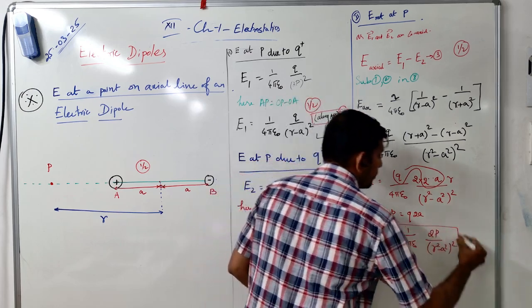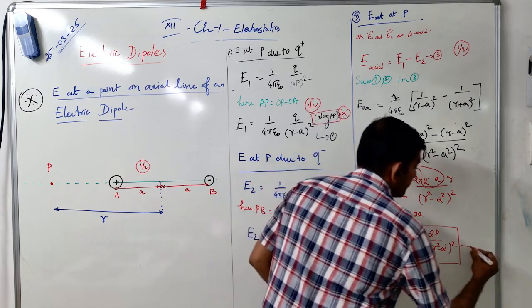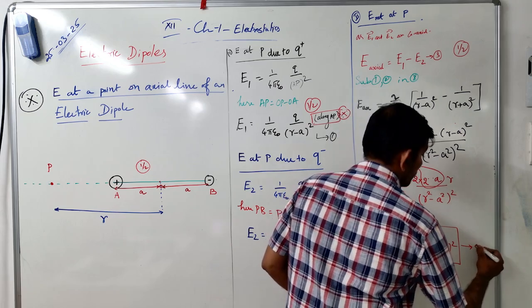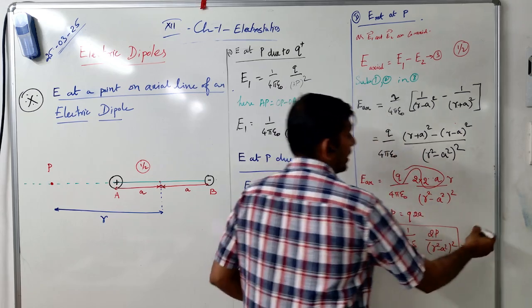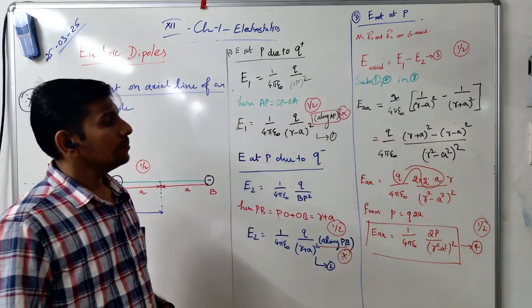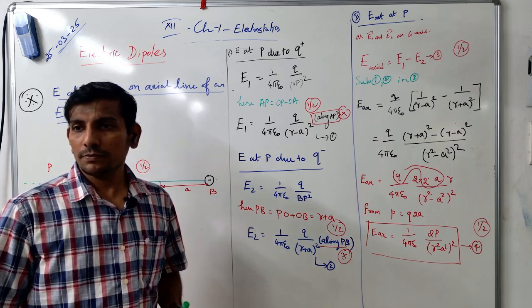So this is the formula which we want. This is going to be equation number 4, and this carries half mark. So totally now it is 2.5.